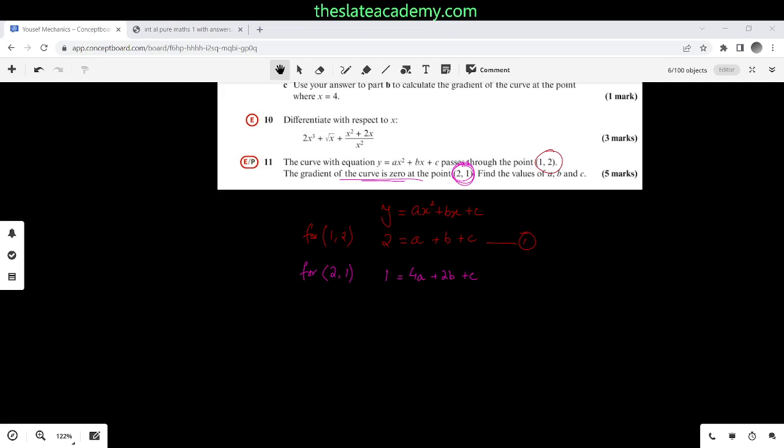So 4a plus 2b plus c is equal to 1. This is my second equation.